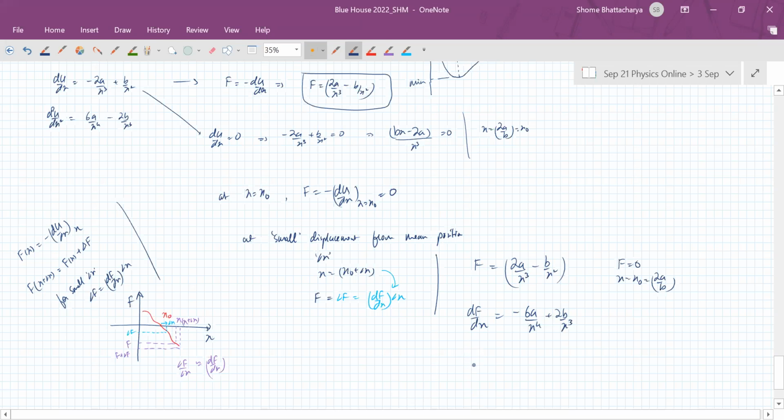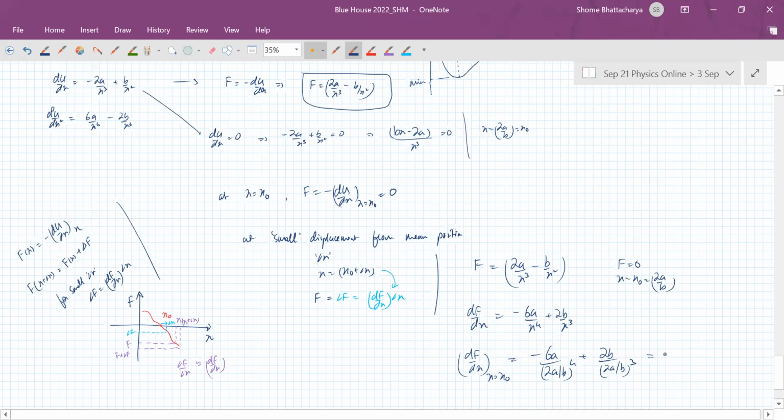Now, what is df by dx at the point x equal to x0? It is minus 6a divided by x0, which is 2a by b, to the power 4, plus 2b divided by 2a by b to the power 3. So how much is this term coming to? Just calculate this once.